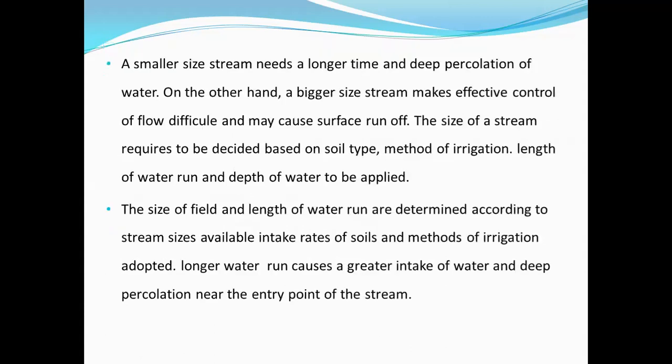Next, a smaller size stream needs a longer time and causes deep percolation of water. On the other hand, a bigger size stream makes effective control of flow difficult and may cause surface runoff. So the size of the stream needs to be decided based on soil types, method of irrigation, length of water run, and depth of water to be applied.